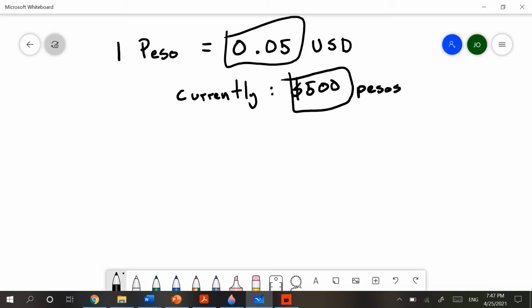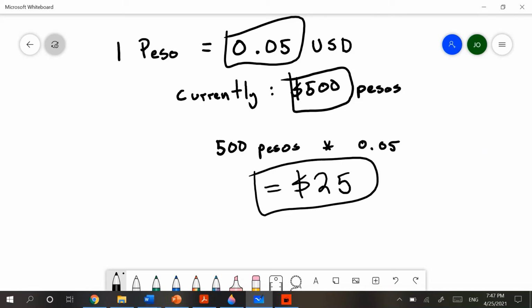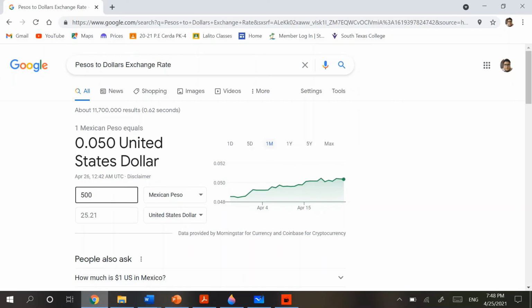Let's do this. Notice that this is not exactly the number that we got from Google. The exact number we got from Google was 25.21 United States dollars. There's probably more decimal places that they're not including in this for simplicity, but we got pretty close to it.